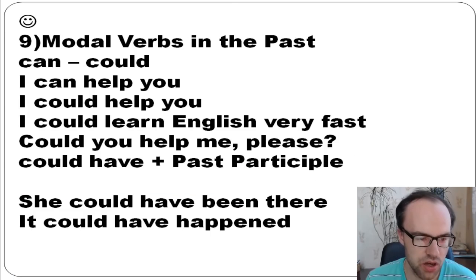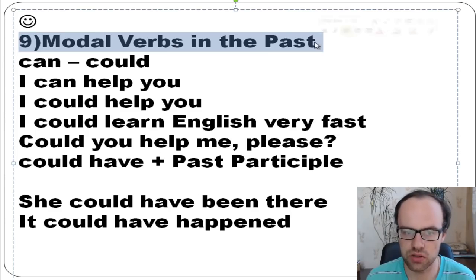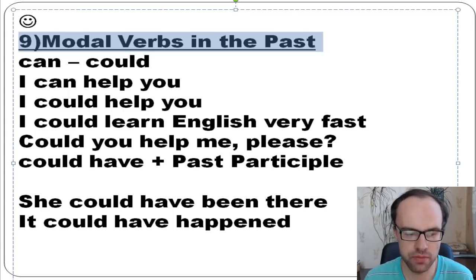Okay, modal verbs in the past: can and could. Let's talk about modal verbs. It's a very important part of English grammar. If you want, we can make a special video about all modal verbs in English, or we can make a separate video about each of them.